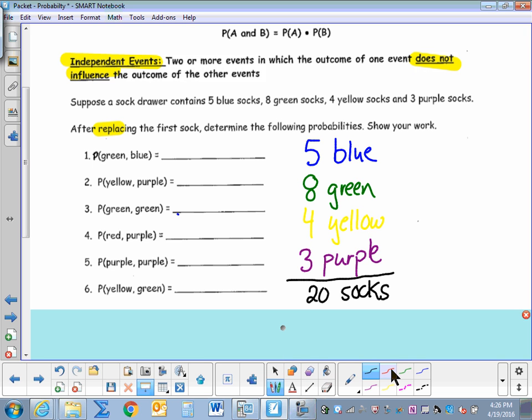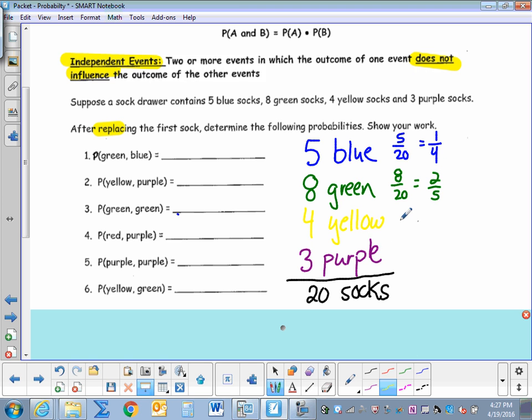So let's calculate the probability and reduce it for each color sock. So we have 5 blue out of 20 socks, so your probability would be 5 to 20, which is 1/4. The probability of getting a green is 8 out of 20, which is 2/5.